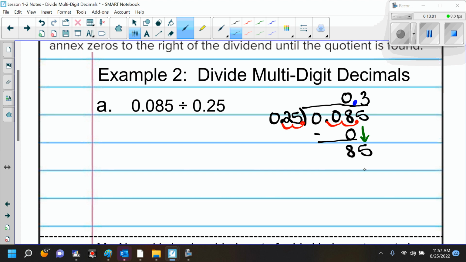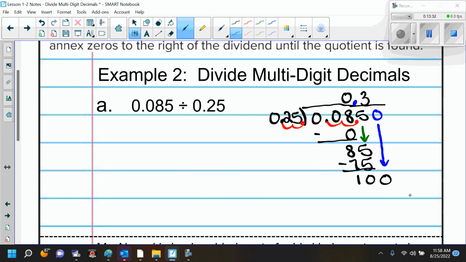So 3 times 25 is 75. And then we subtract. We've got a remainder. We don't want a remainder, right? So what do I need to do? I need to annex the 0. So we add a 0, and then we're going to bring that down.